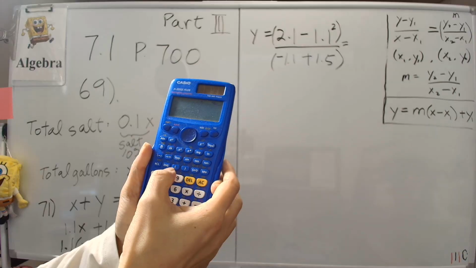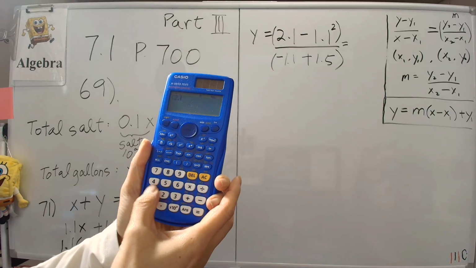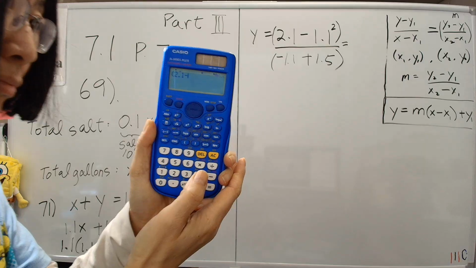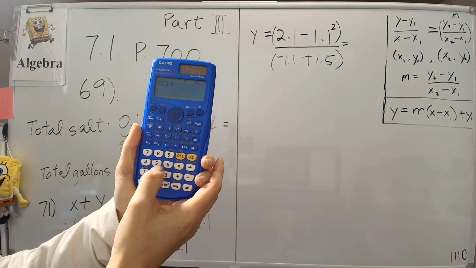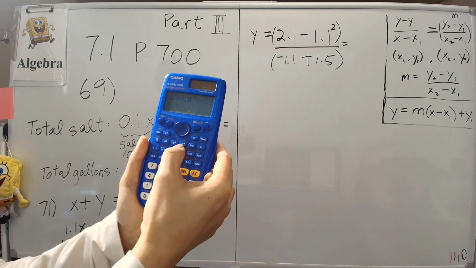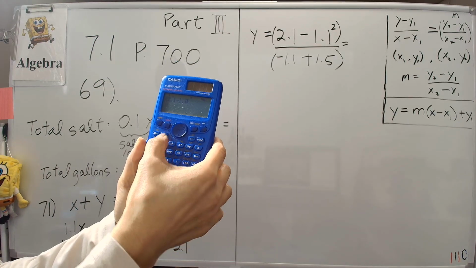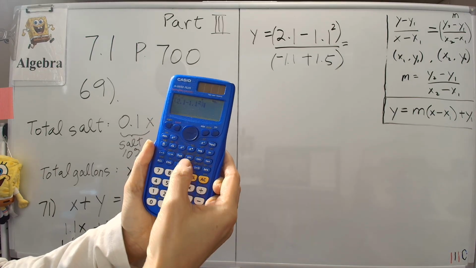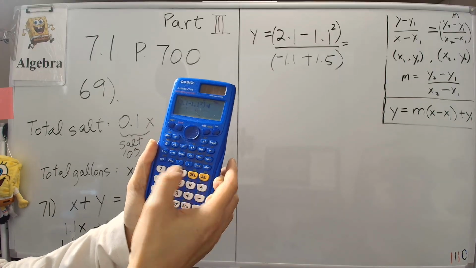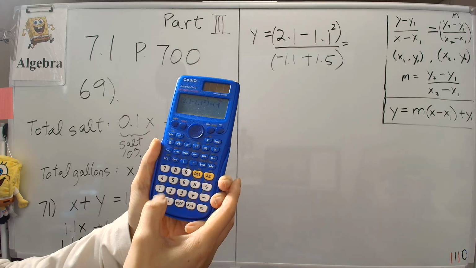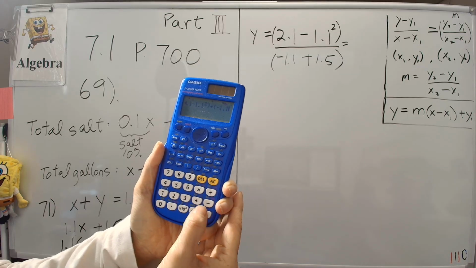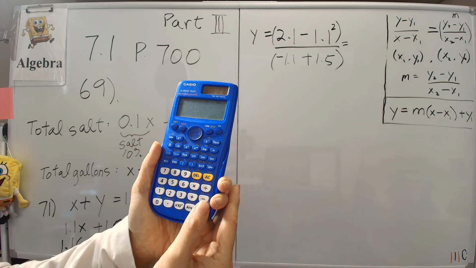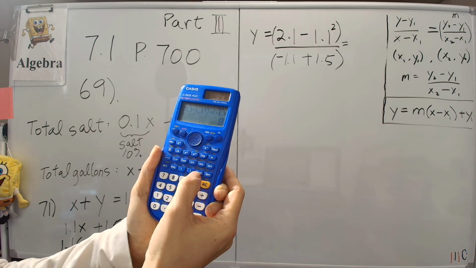Parentheses 2.1 minus 1.1 times 1.1 or raised to the power 2. I'll just do it this way. Divided by parentheses, negative sign, 1.1 plus 1.5, close parentheses. That should be equal to something.